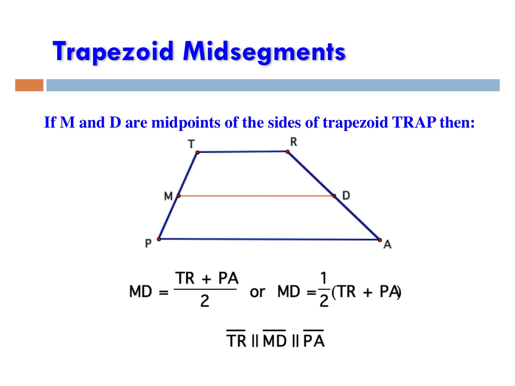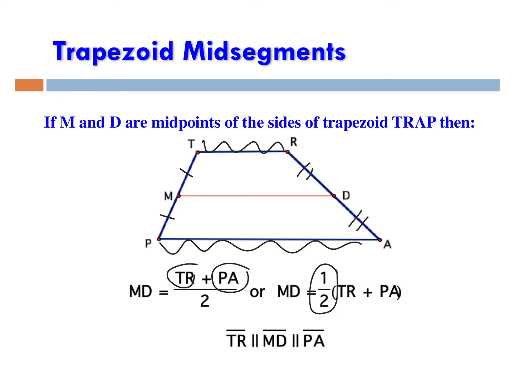So here are those properties illustrated using this picture. We have trapezoid TRAP. The midsegment is drawn in, so here I would know that TM is congruent to MP, RD is congruent to DA. So you would add the top base, TR, right here, plus the bottom base, PA, however long that is, and divide by 2. Another way to think of that is you could take that half out, right?